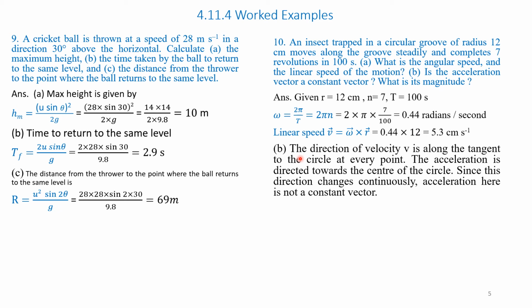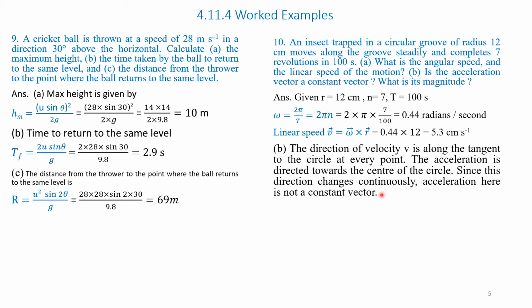Part B. The direction of velocity v is along the tangent to the circle at every point. The acceleration is directed towards the center of the circle. This is also very clearly explained in the previous slides. Since this direction changes continuously, acceleration here is not a constant vector, because the direction is changing.